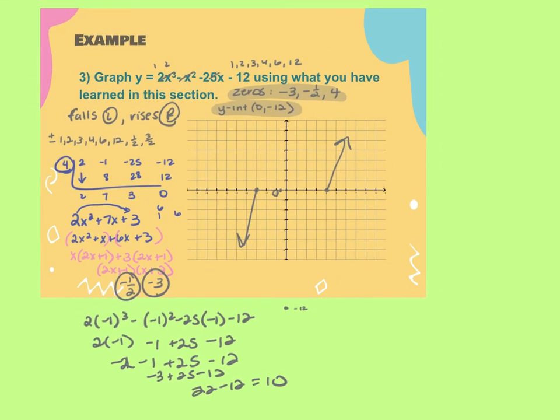So all the way up here, it's going to go all the way up. It's going to come all the way, nope, not there. Yep, all the way back down. It's going to go all the way down to -12 and come all the way back up again.